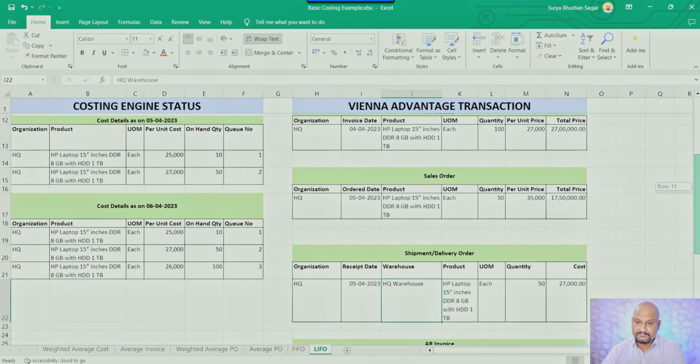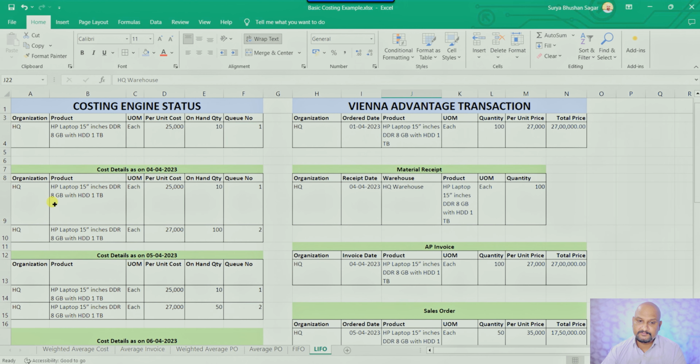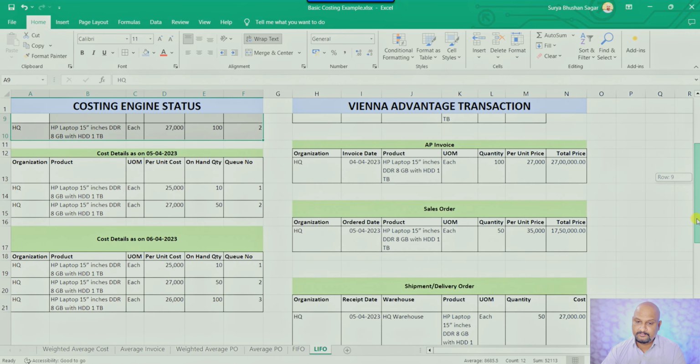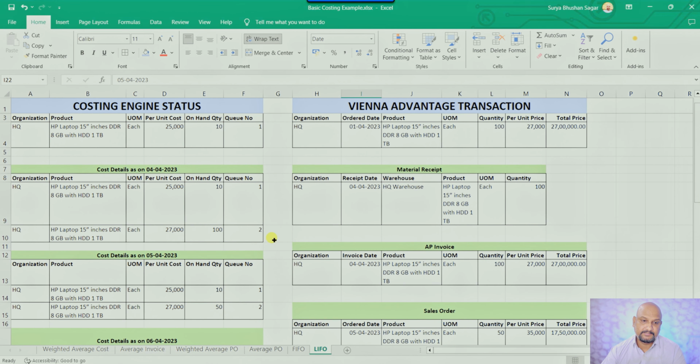It will check the previous status before selling this material, because I'm delivering this material on 5th. The system will see which one is the last queue. Since my method says last in first out, it means this queue came later, but it will be sold first.